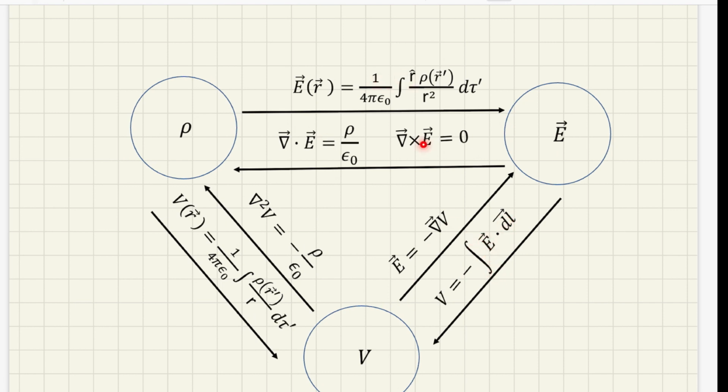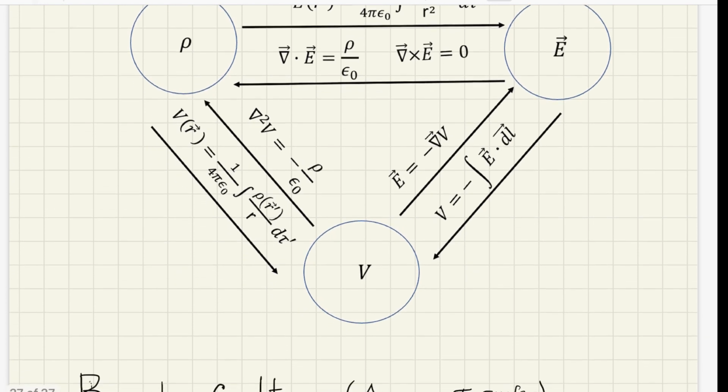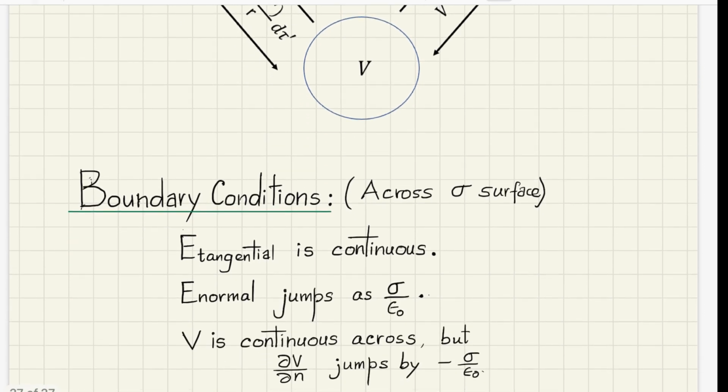So the whole chapter was actually based on developing this set of electrostatic equations and showing their use for some of the examples, such that the meaning of these equations comes out. Along with that, we had boundary conditions, just in the last couple of minutes: across a sigma surface, E tangential is always continuous, but E normal jumps by sigma by epsilon naught if there is a sigma at the boundary.